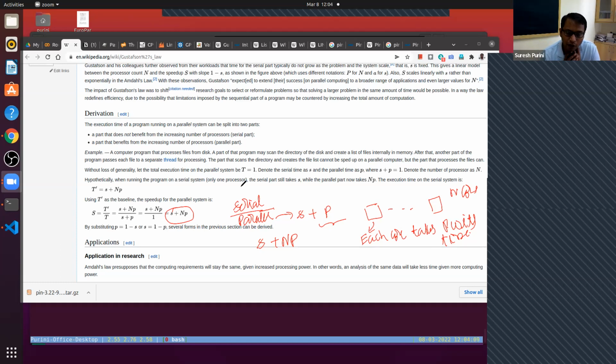For other problems, like training algorithms for machine learning or certain kinds of animations, you can expand the scope of the problem if you have more compute power available, to get more accurate results or a better looking cartoon, for example.